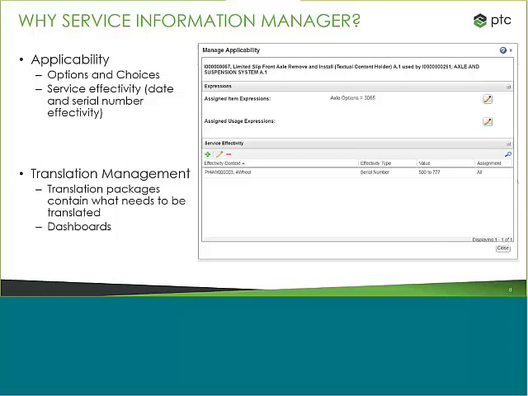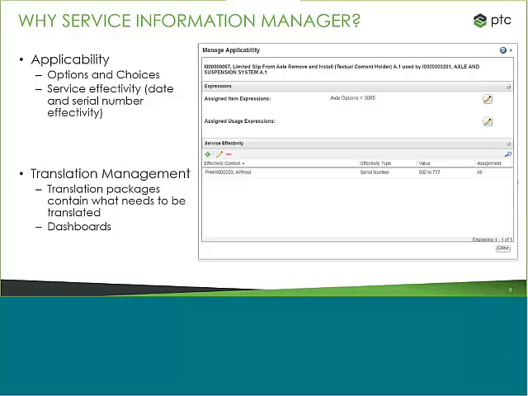Then the bottom half of the dialog is showing the service effectivity. And this is similar to traditional Windchill effectivity, except that what we've added is the ability to have date effectivity, serial number effectivity, or it could be date and serial number effectivity. And then the context of that effectivity would be one of the nodes in what we refer to as the product hierarchy.